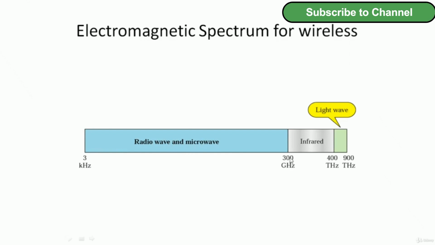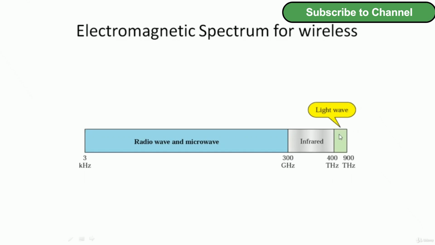Then in between the 300 to 400 terahertz, the infrared range is given. In this range, the infrared devices operate, and above this, 400 to 900 terahertz, the light wave is given.